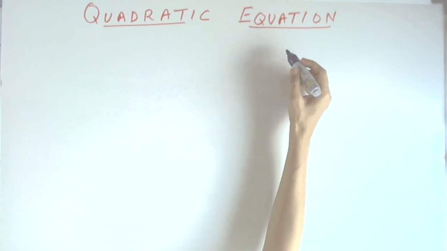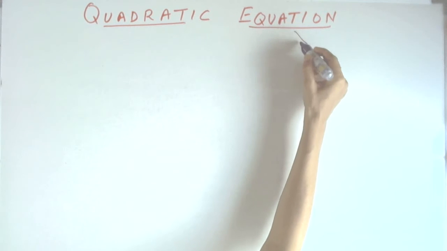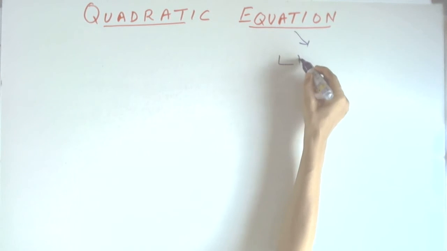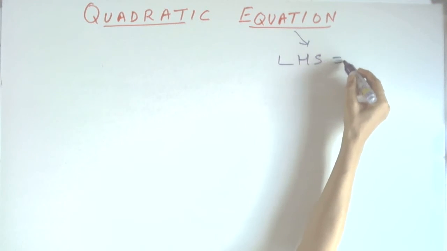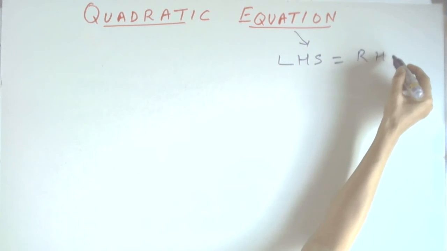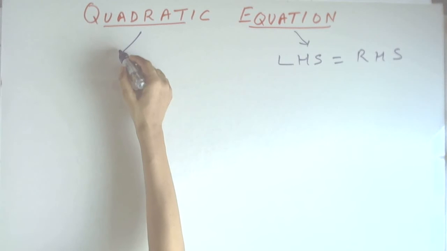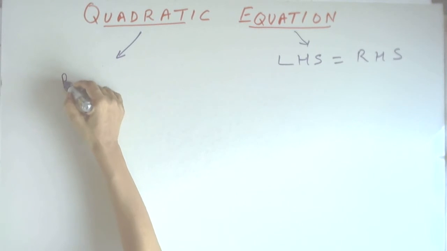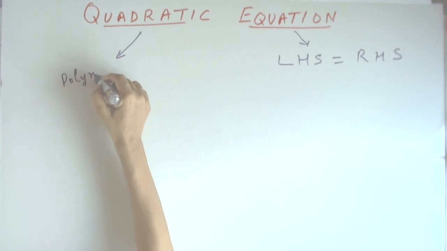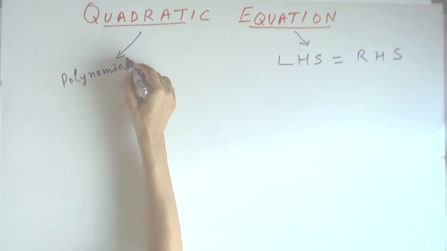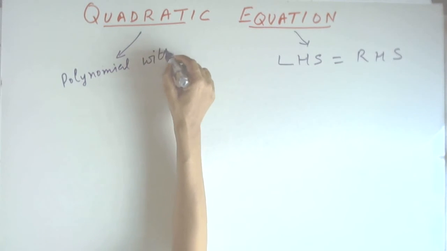And what is an equation? Equation is something which has a left hand side equal to right hand side, and quadratic is a polynomial with power 2.